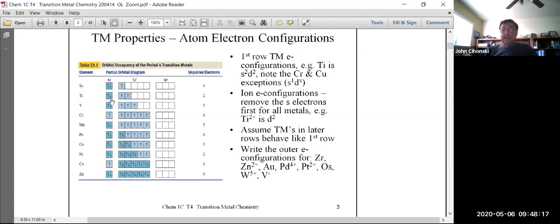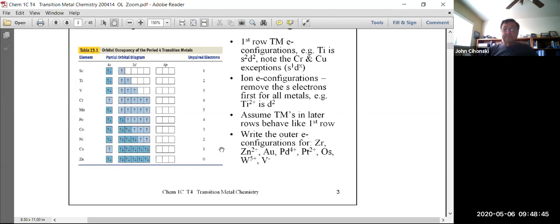So here for titanium, the first 2 electrons we would take to get to titanium 2+ would be the 2 s electrons. Meaning, what do we have left? Only the 2 d electrons, right? So that would be a d2 configuration, d superscript 2, to indicate 2 electrons in a d orbital. Okay, so let's look at a couple other options here.